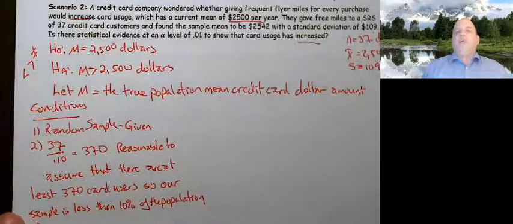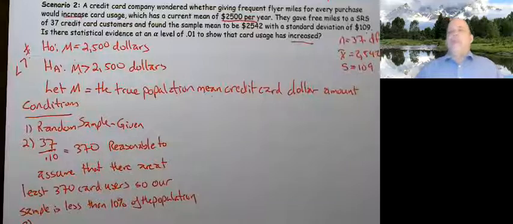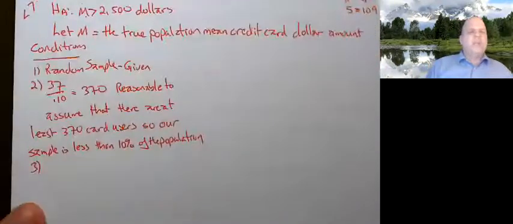The next thing is normality. We have a couple of ways of checking it. We can check to see if they told us it was normal. They didn't. We can check the data and graph it. Not a whole lot of fun, but you can do it to see if it's reasonably symmetric with no outliers. The next thing you can do is normality by central limit theorem.